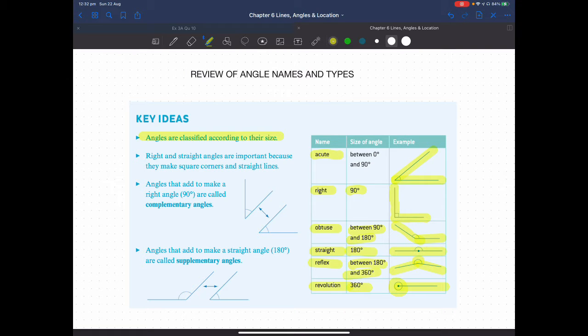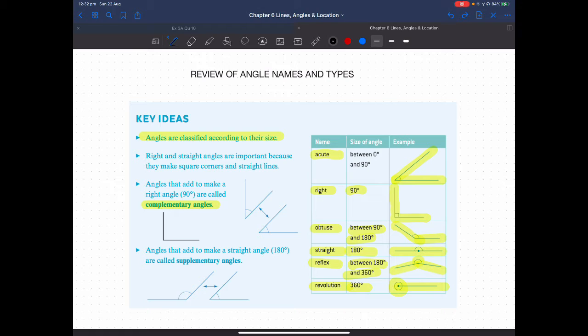When we have complementary angles, we say that complementary angles add up to 90 degrees. So I'm going to draw two lines to start off with. One, two. These two are at 90 degrees. They're a right angle.